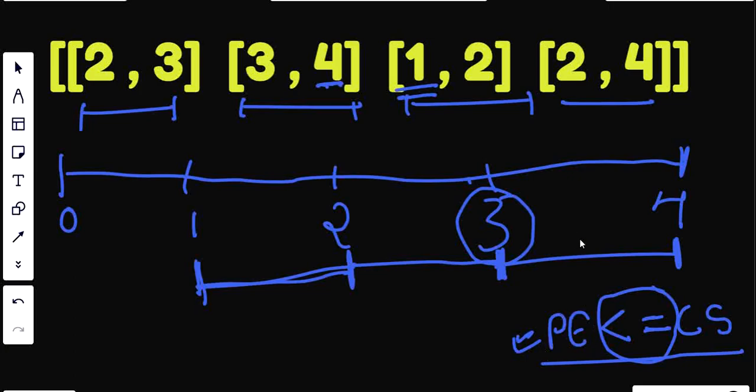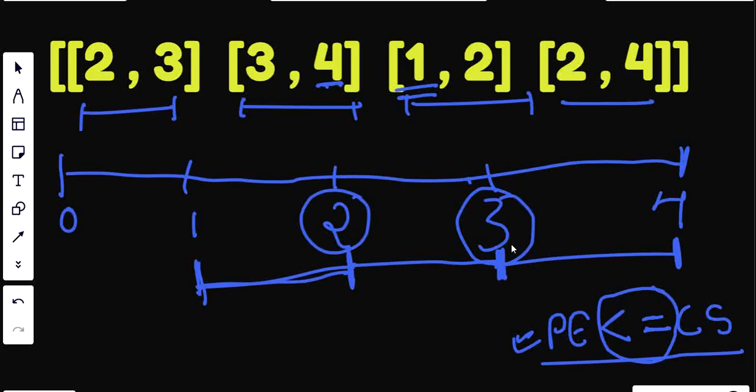So I realized one more thing: not only the ending of the previous interval and the starting of the current interval are important, but also the order of these intervals matters. Because our number line is in sorted order, we are able to plot these intervals in the right manner. That's why we realized that we need to sort the intervals as well.